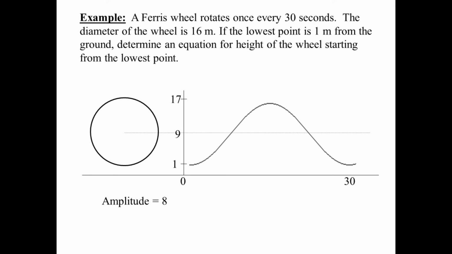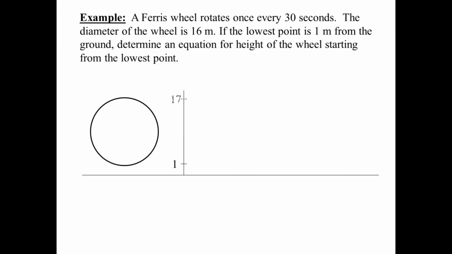Amplitude is 8 because remember we go max minus min over 2. So 17 minus 1 over 2. Period is 30, so therefore the B value must be 360 over 30, and that's 12. Amplitude, period, and then now the shift.